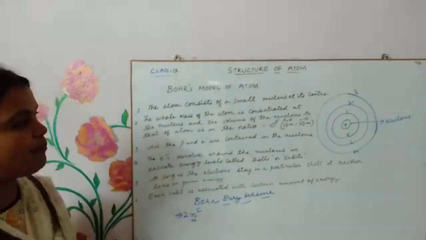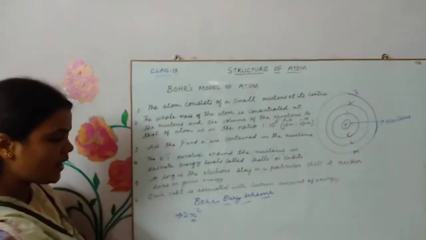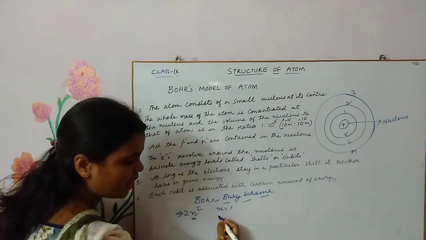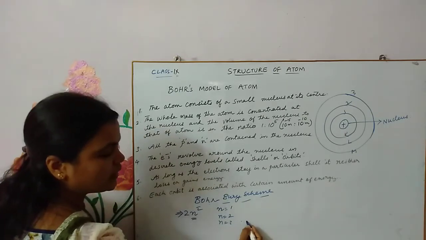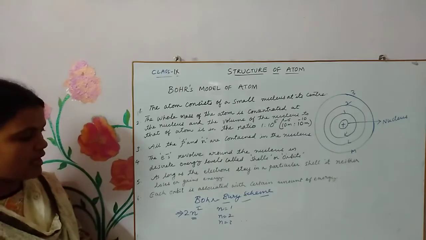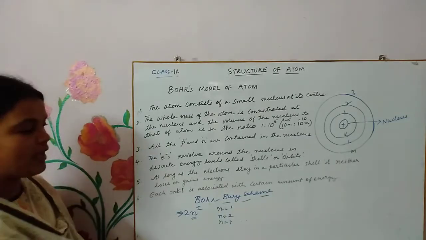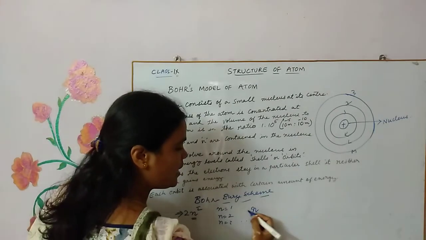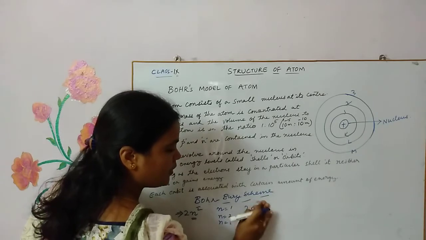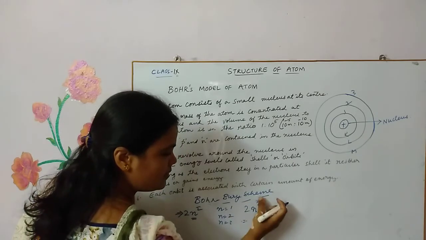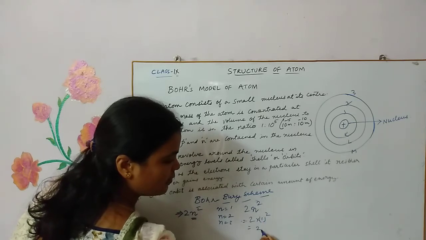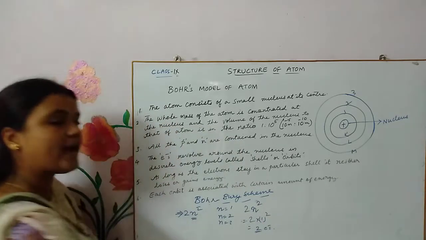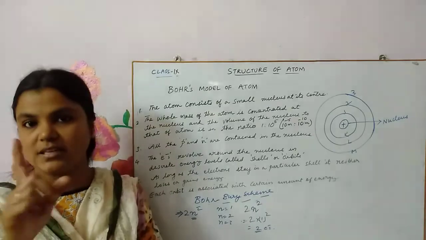So n becomes 1 for the first orbit, 2 for the second shell, 3 for the third shell, and so on. For the first shell, 2n² means 2 into 1 squared, which is 2. So a maximum of 2 electrons can be present in the first shell.